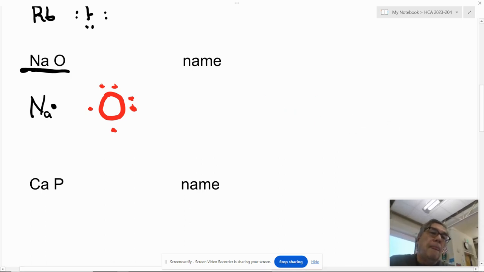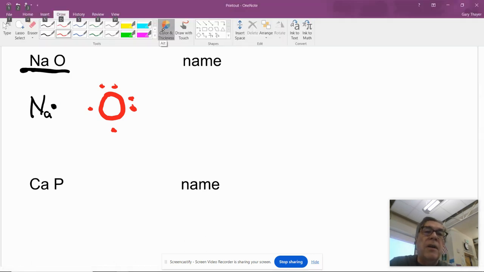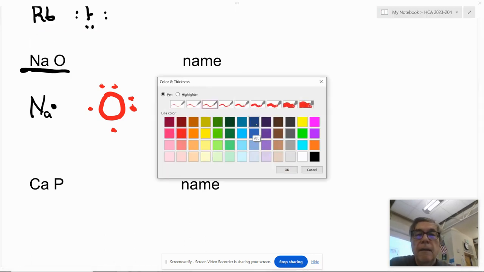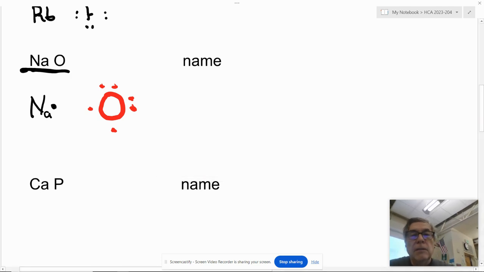So this electron from sodium transfers over here to fill this spot. But we have a problem because the octet rule says oxygen needs 8.